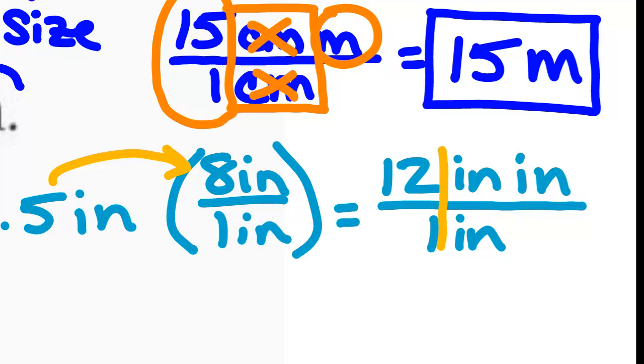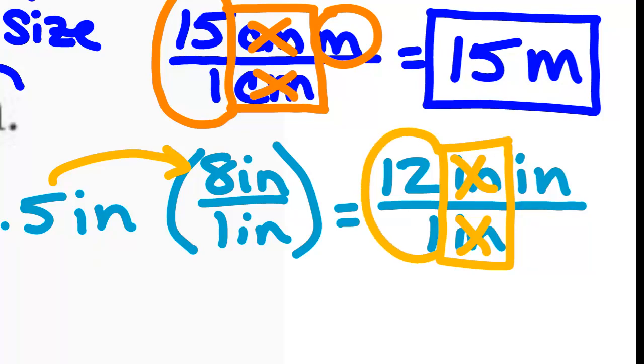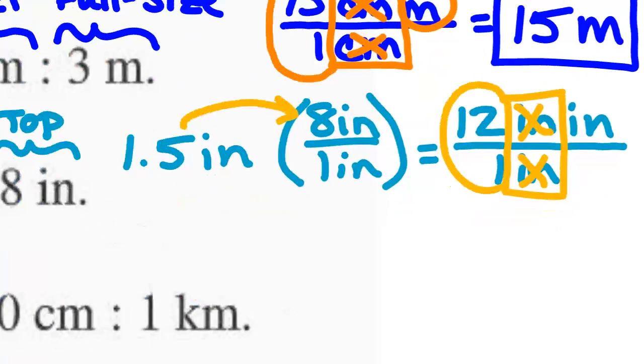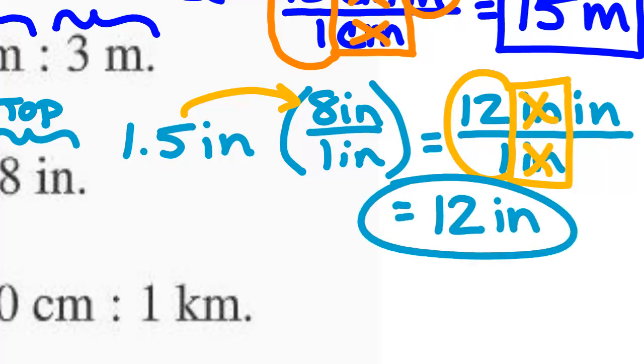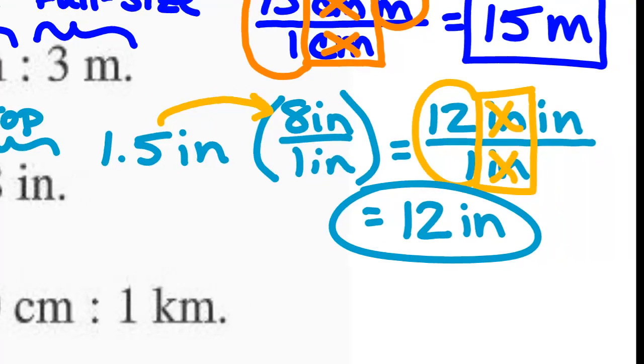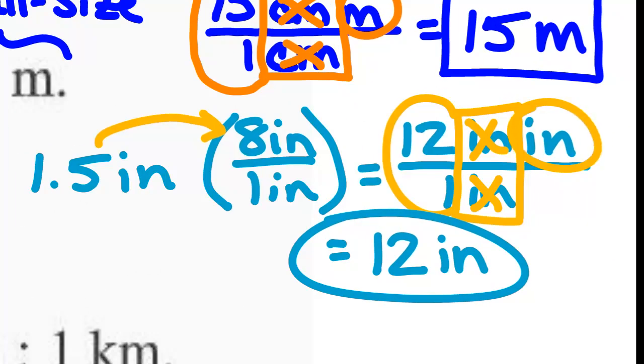Yeah, one of my inches cancels because I only have 1 in the bottom, so only 1 in the top cancels out. And then I'm going to divide these two numbers. 12 divided by 1 just gives me 12. And I still have the unit of inches left over because there was still an inches up top.